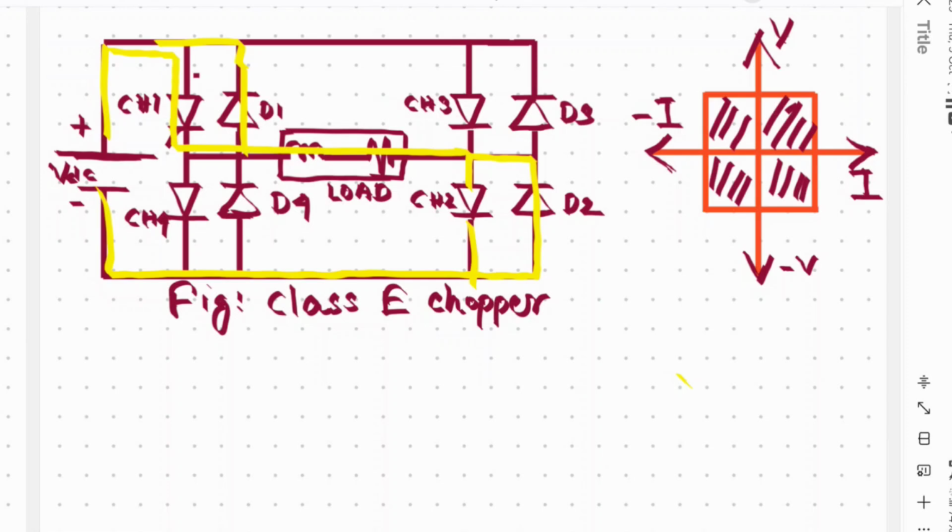And again the combination of chopper 3, chopper 4, diode 3 and diode 4 makes another class C chopper. So this is a combination of two class C choppers.